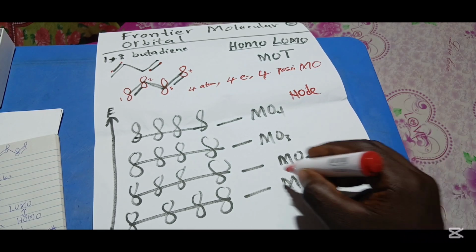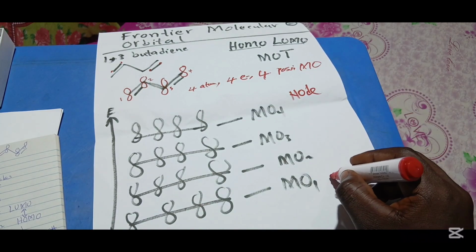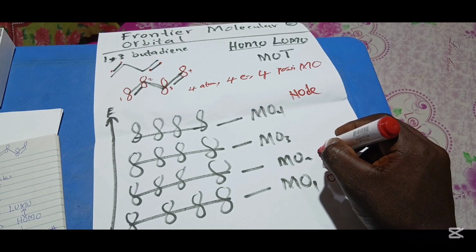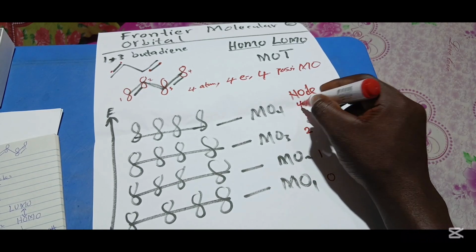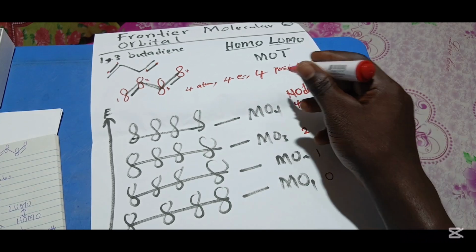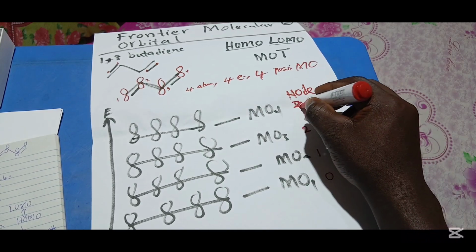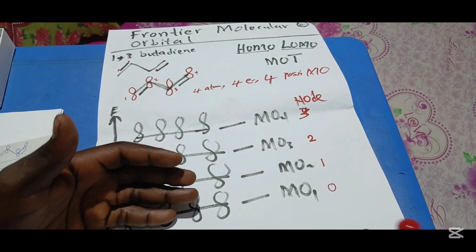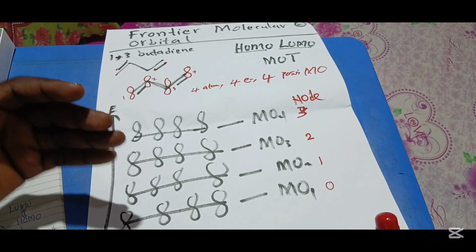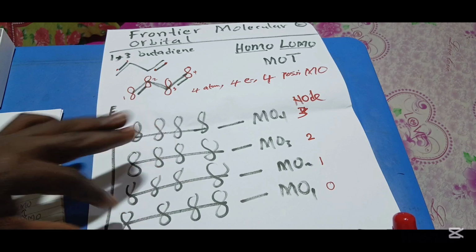Just know that. So let's start numbering our molecular orbitals from 0 to where we have to end. 2, 3, 4. Is it actually 4? 0, 1, 2, 3. Yes, I should be getting 3. So now this means in the first molecular orbital we have to get 0 nodes. There's no node between the individual atomic orbitals.